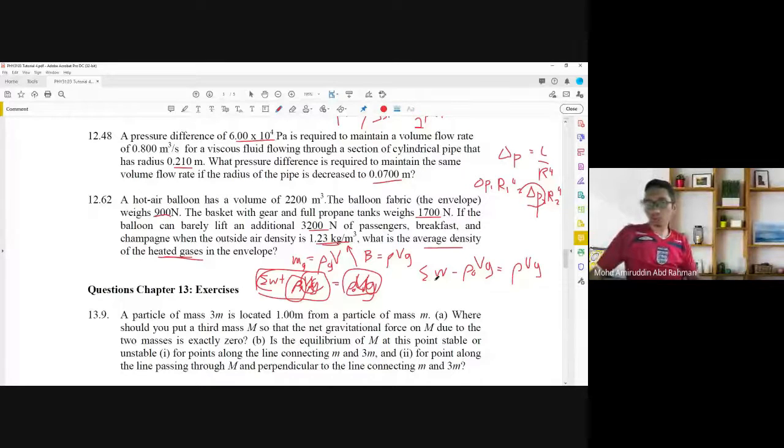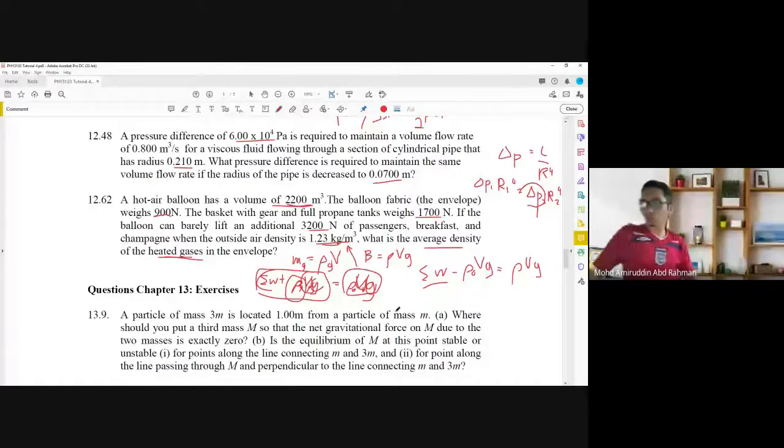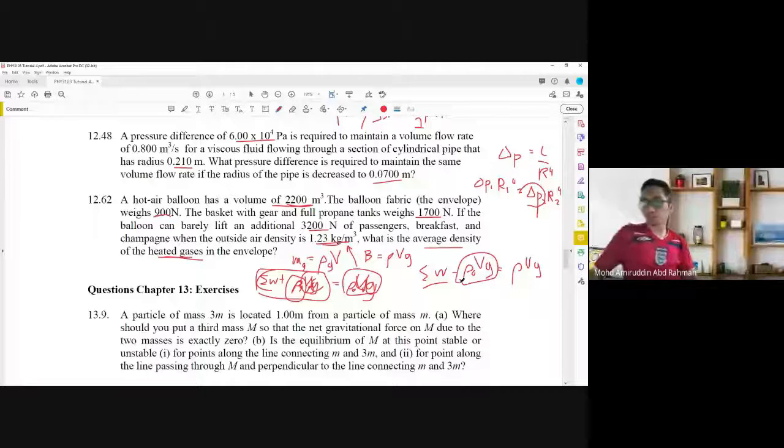So for the weight, you need to divide it with this volume to obtain the rho of the gas.